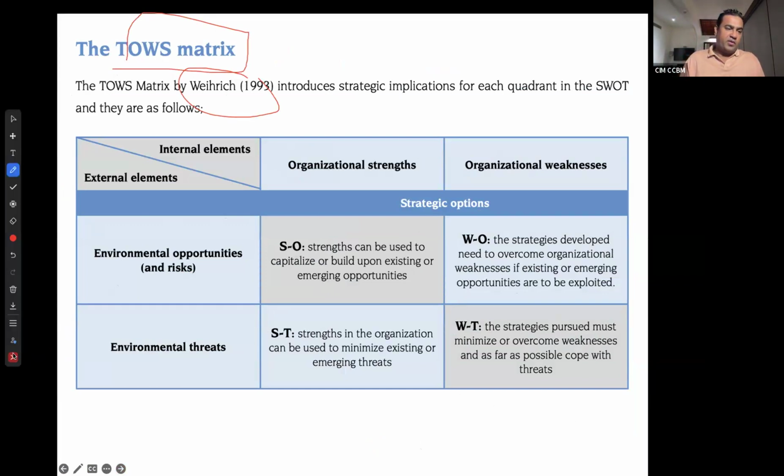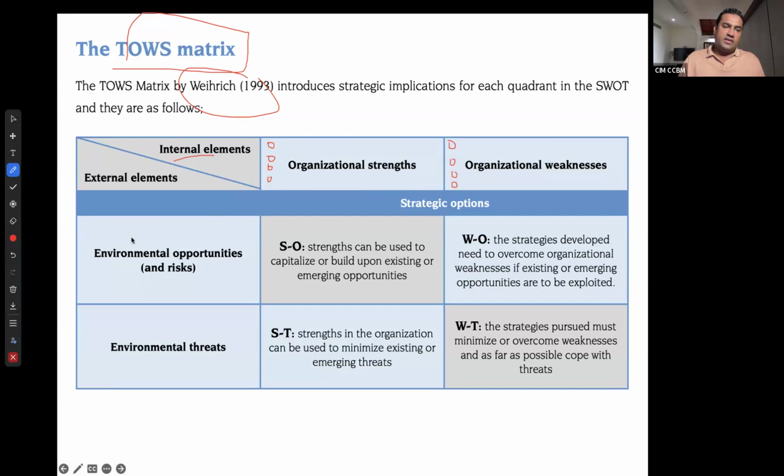There was something important that he did, right? He said you can first do the SWOT analysis. So when you're doing strengths and weaknesses, you can understand what are the internal strengths and internal weaknesses for the organization.